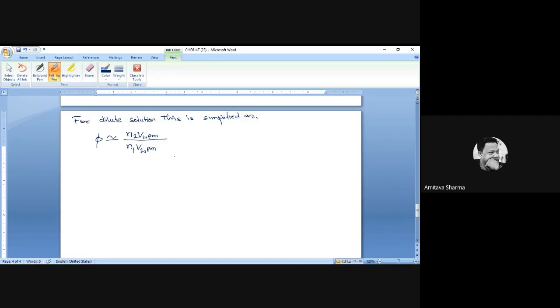As I am considering the dilute solution, M2, okay, where V is the volume of the solution.